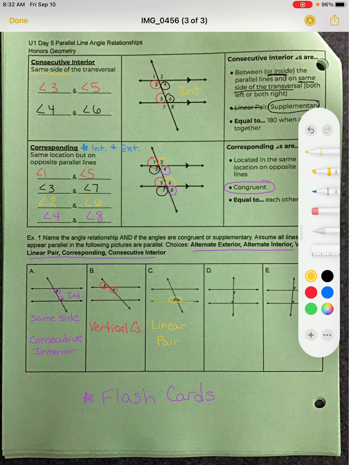Okay, got a couple more here. This one, they're both touching this line, which is called the transversal, and they're on the interior, but this time they're on opposite sides of the interior. Opposite sides interior, we use the word alternate interior.